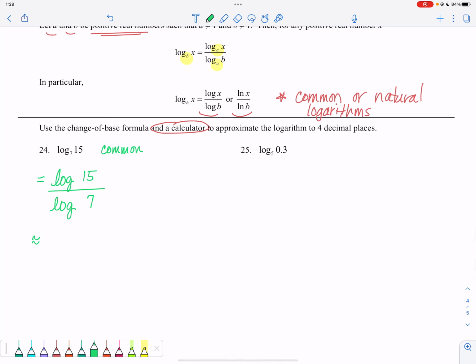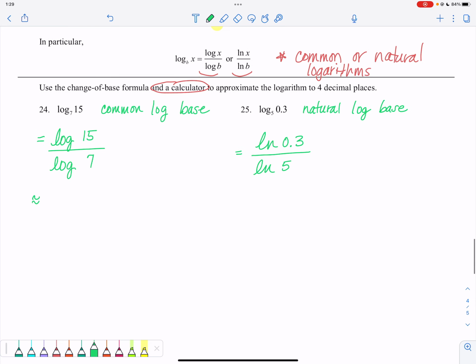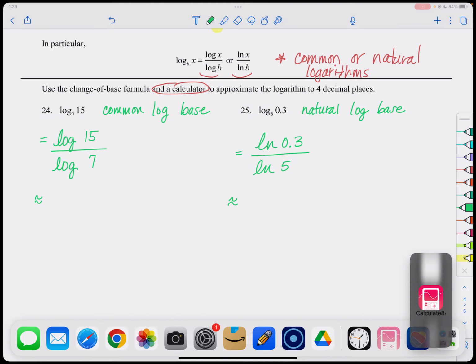So we're going to put this in our calculator in a moment. Let's try the natural logarithm base. And again, you can use either. The change of base rule says that this is equal to ln of 0.3 divided by ln of 5. And now we will approximate these in our calculator to conclude this section.